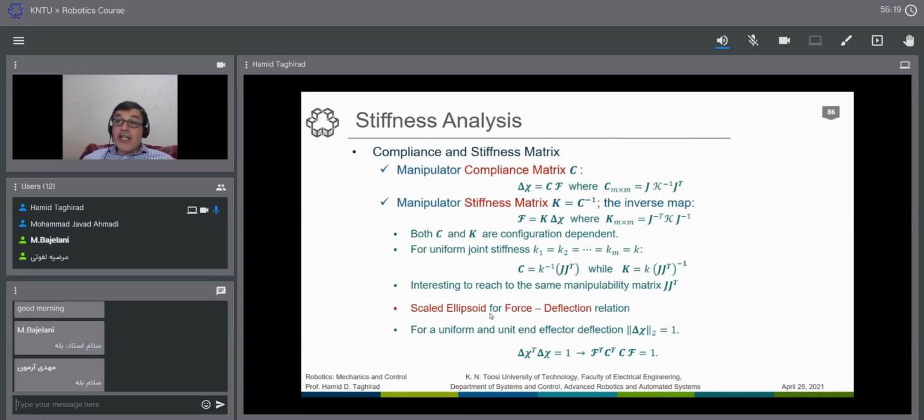And we have a scaled ellipsoid, or force deflection ellipsoid, related to the system. How much force we are acting on the end effector, how much wrench we are acting on the end effector, and how this will be replicated in terms of the deflection in each joint.